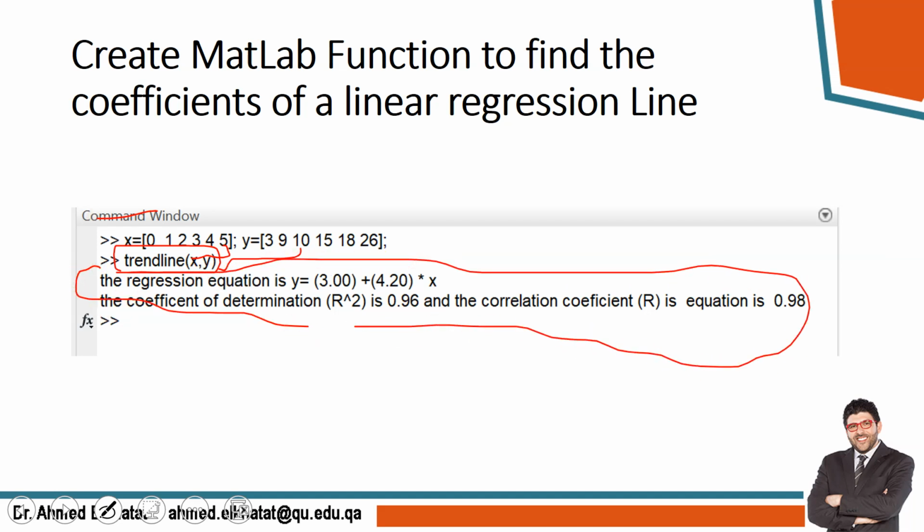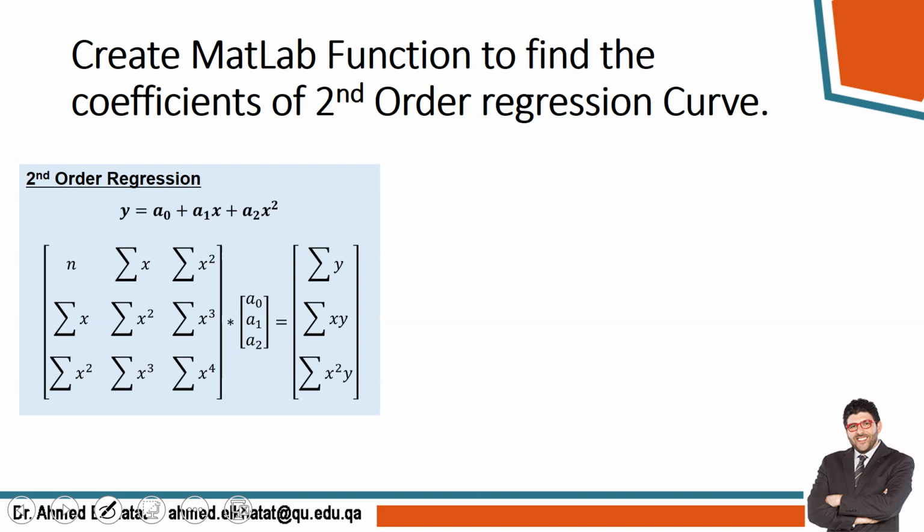The regression equation is y equal, with a1 and then a2, and then the coefficients 0.96 and 0.98. So we solved this, you can play with it as you want and make it in a different way. Now we can do the same for the second order regression.